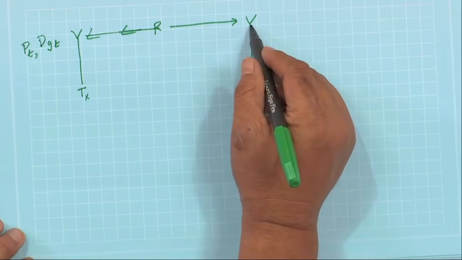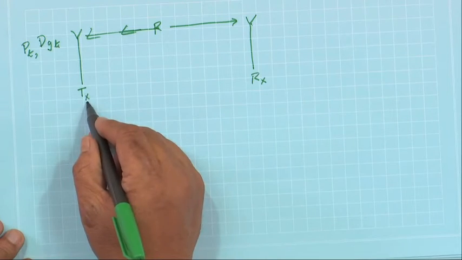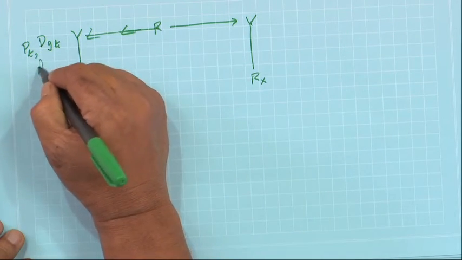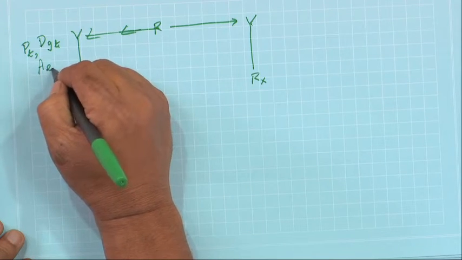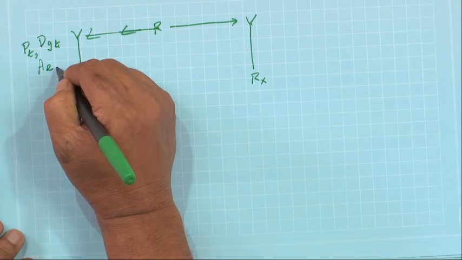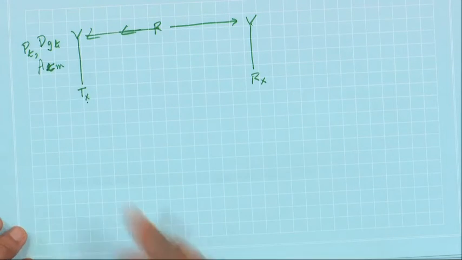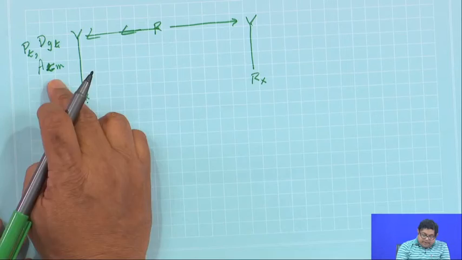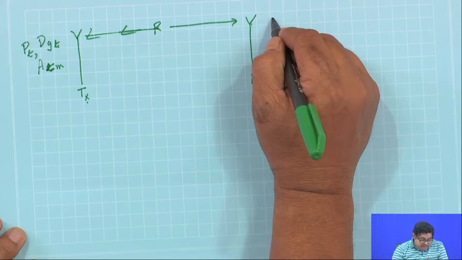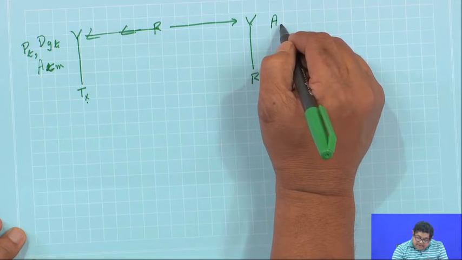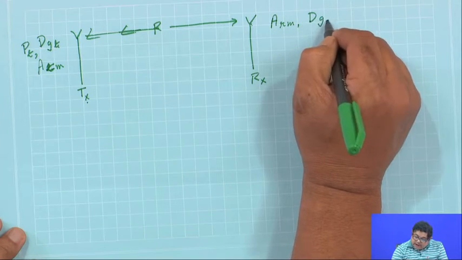I am using the subscript T because it is a transmitter, and its effective area is AE, or I can write ATM, a maximum effective area for this case, and the corresponding things for these antennas are ARM and DGR. Okay.